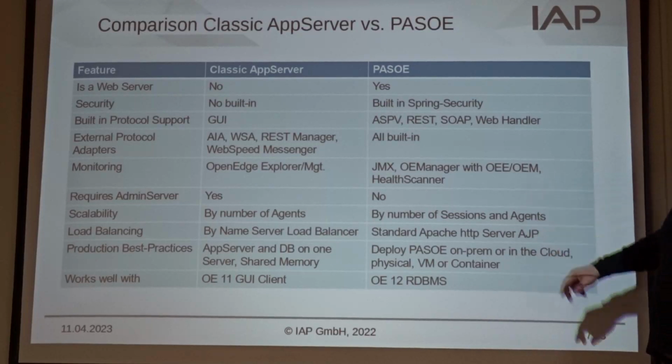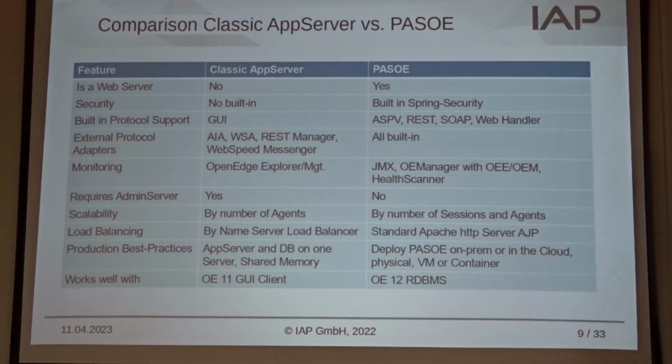Also a big difference is the admin service, the admin server. You know the admin server, yeah? That is a typical server that handles the databases, the app server, and also other things for Progress.